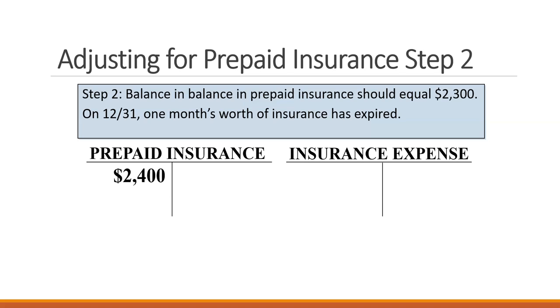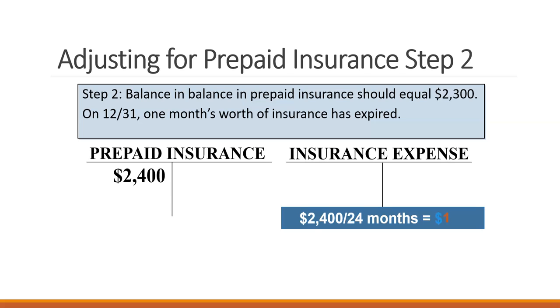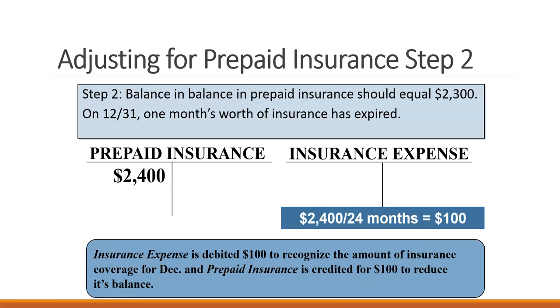So we're getting ready to adjust our prepaid insurance in step 2. Each month is $100 worth of insurance. So we need to record a $100 insurance expense and reduce our prepaid insurance to show that we have used 1 month of insurance. Our insurance expense is debited $100 and prepaid insurance is credited $100.